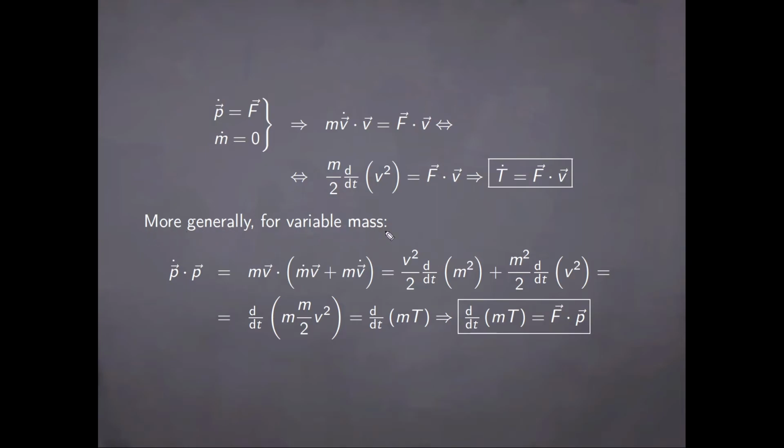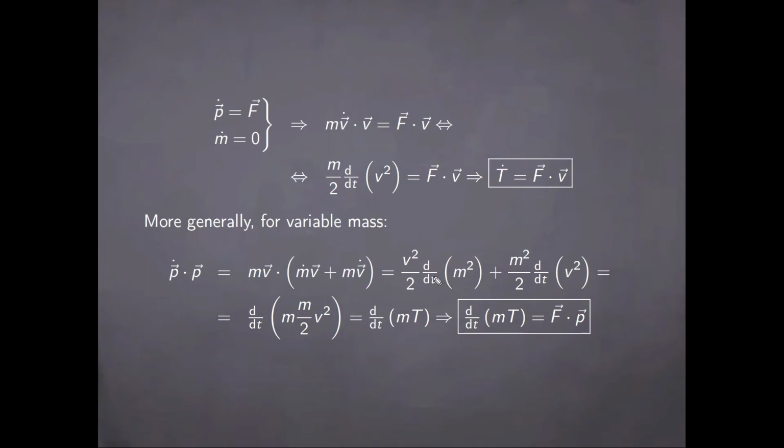More generally, for variable mass, we can take the dot product between the linear momentum and its time derivative, and if we apply the derivative and then apply the dot product, we obtain two terms. The first one is simply v squared over 2 multiplying the time derivative of m squared, and the second one is m squared over 2 multiplying the time derivative of v squared.